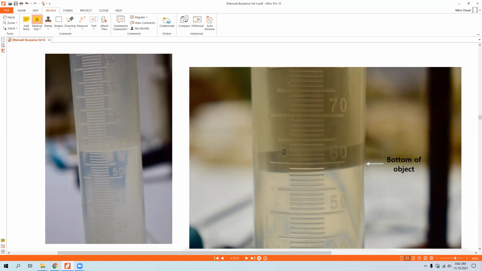So, the displaced volume is the difference between the initial and the final. So, in this case, laging ang initial volume ay 60 ml. And in this particular case, the final volume is 60, 61, 62, 63. So 63 ml minus 60 ml should give you a displaced volume of 3 ml.